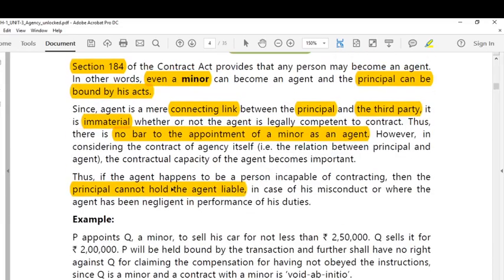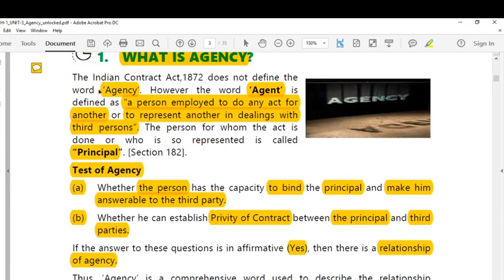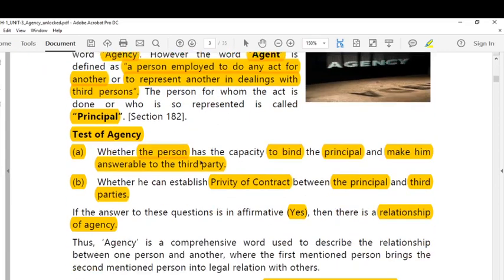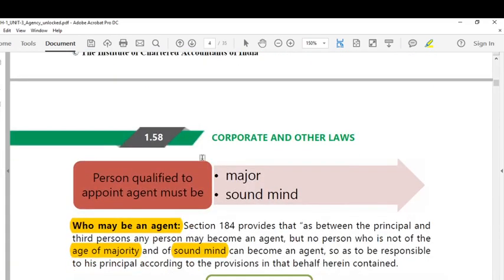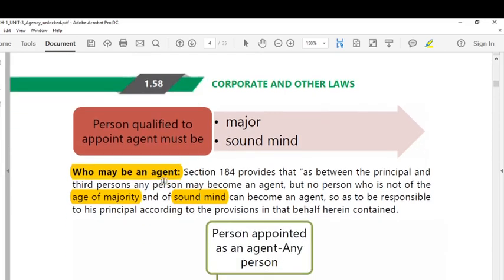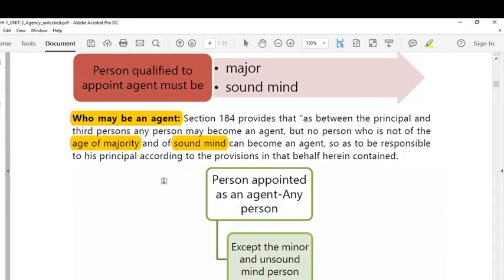So this is all about the first topic, and the possible questions could be: what is the meaning of an agent, what is the test of agency, and you have to write about the appointment of agents. So an agent can be appointed by a principal. The principal should always have attained the age of majority and should be a sound-minded person, and in the same way the agent is also required to have attained the age of majority, as well as possess a sound mind.